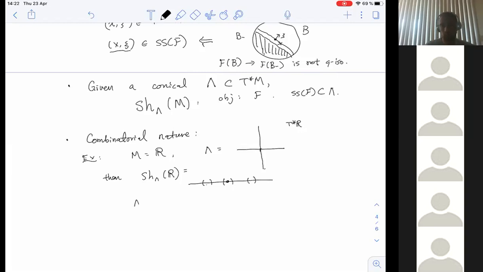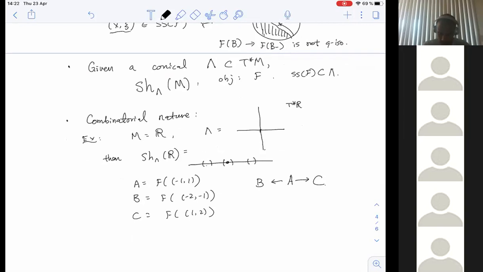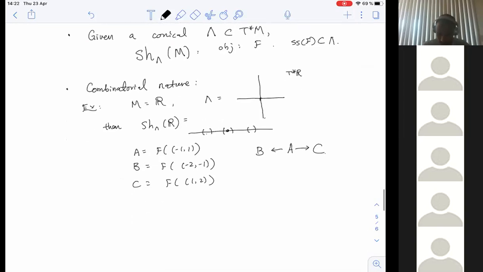So if you denote A as say F(-1,1), B as F(-2,-1), C as F(1,2), then there are maps between these sections, or if you wish, stalks. So you can have A maps to B and C. So this is a so-called exit path category description for constructible sheaves.